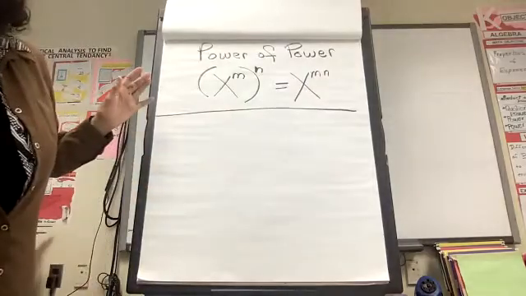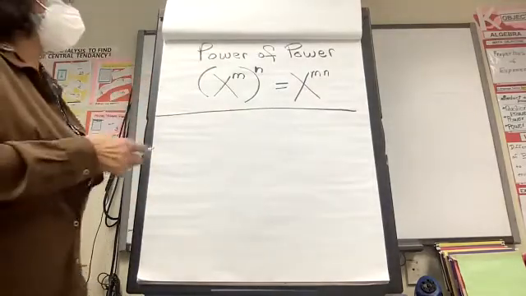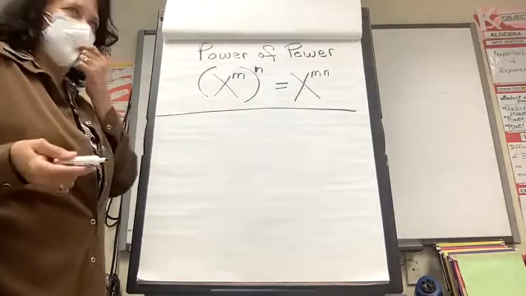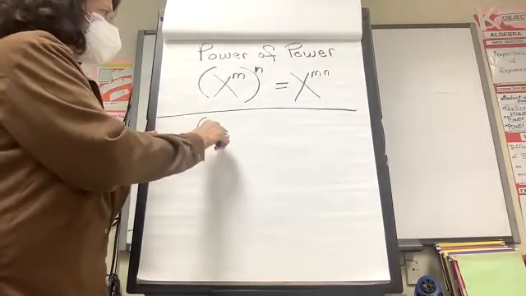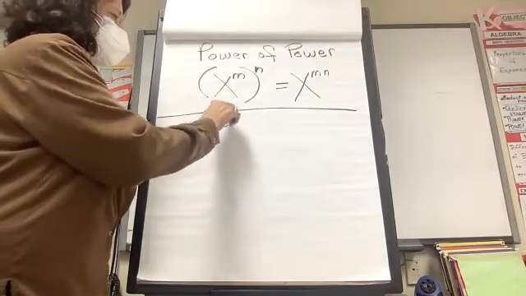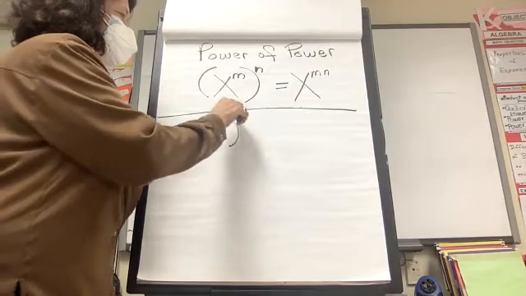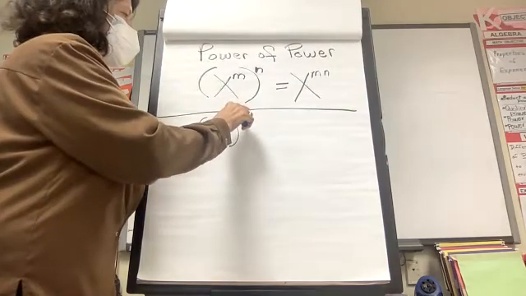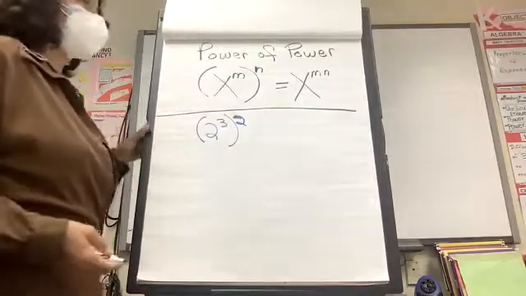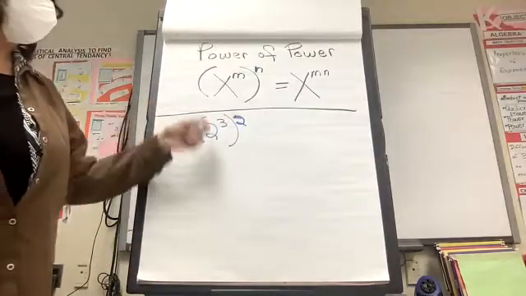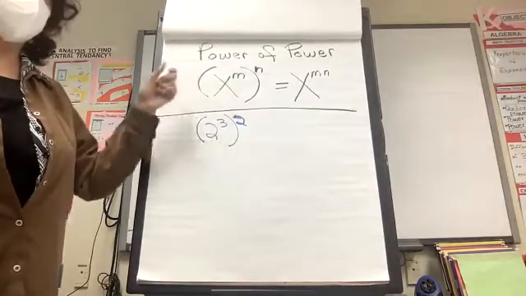Okay, now let's prove that that's right. Suppose x, I'm using small numbers to make it clear to you. So suppose x was 2 and m was 3 and n was 4. Oh no, let's make n 2 to make life easier. So first, in math, we always do what's in the parentheses first.